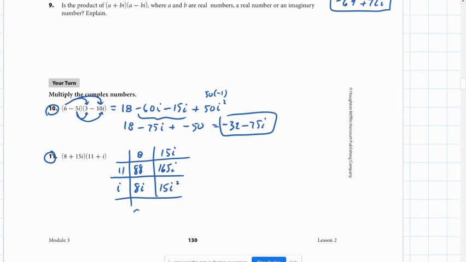So if we combine all those together, we get 88. These add up to 173i. And then this is minus 15, because that's 15 times -1. So if we add the 88 and the -15, that's 73 plus 173i.